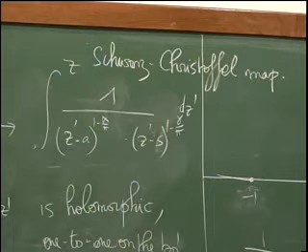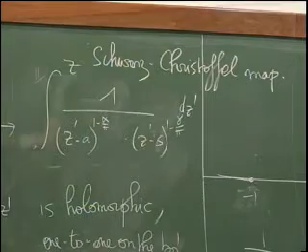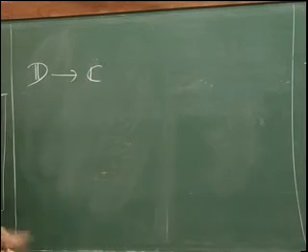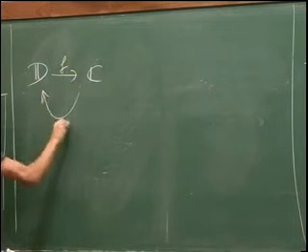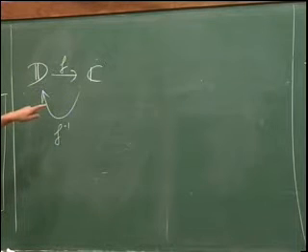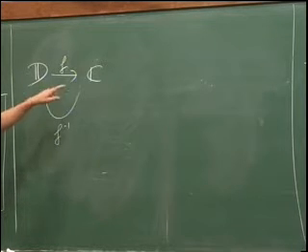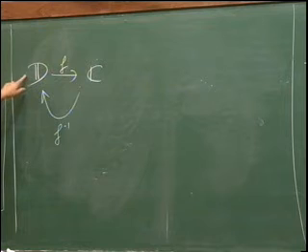So can somebody tell me why, say, the disk cannot be mapped to C by a conformal map? Yes? If you look at the inverse of this function, the inverse here will be a map defined on C, which is bounded.